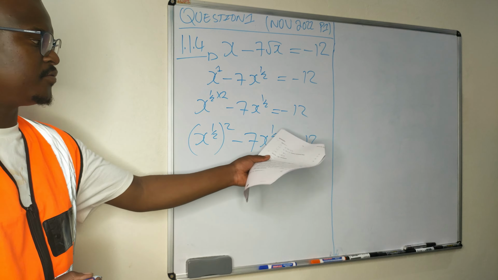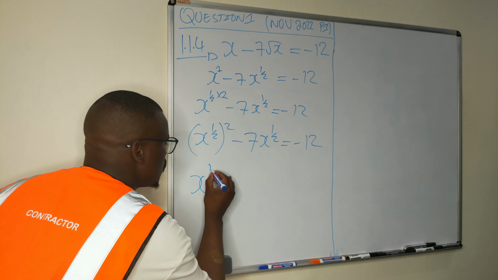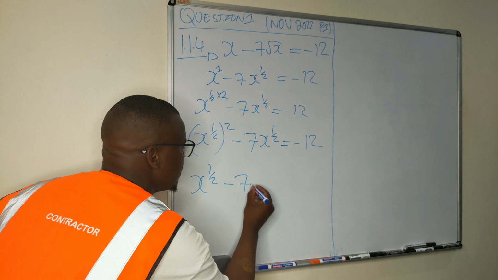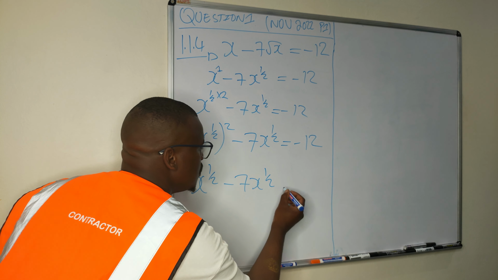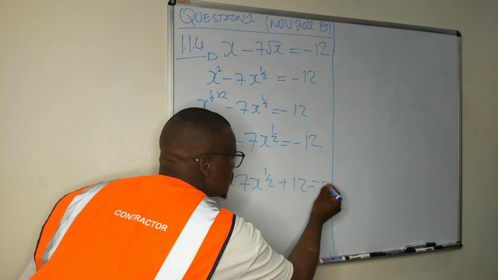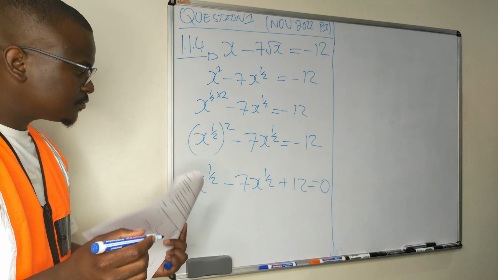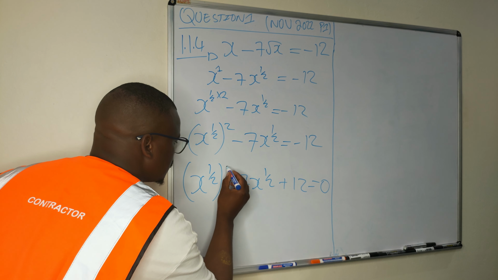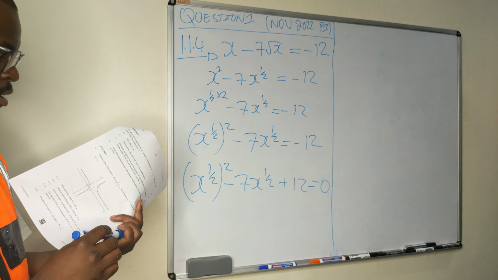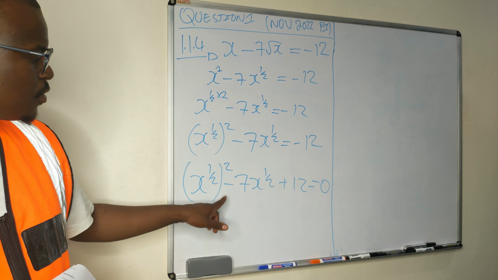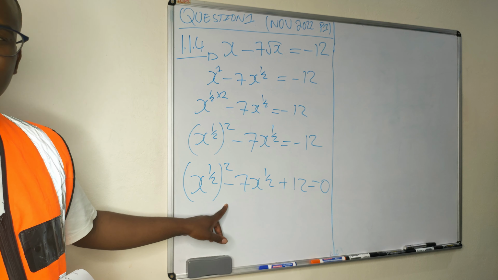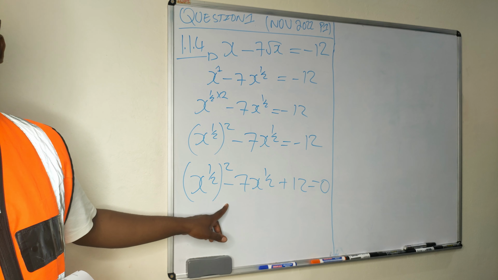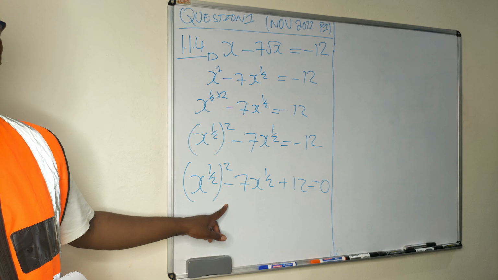Then you can transpose the 12 to the other side. So you have x raised 1 over 2 squared minus 7 x raised 1 over 2 plus 12 is equal to 0. If you look at this, you'll quickly realize that this resembles exactly what we had at 1.1.2.